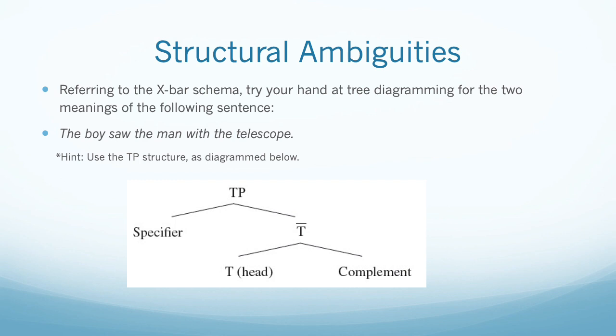Remember, there are two possibilities. One is that the boy is the one with the telescope, and the other is that the man is the one with the telescope. And try to use the tense phrase structure that I just described. And that structure is shown here with this diagram.